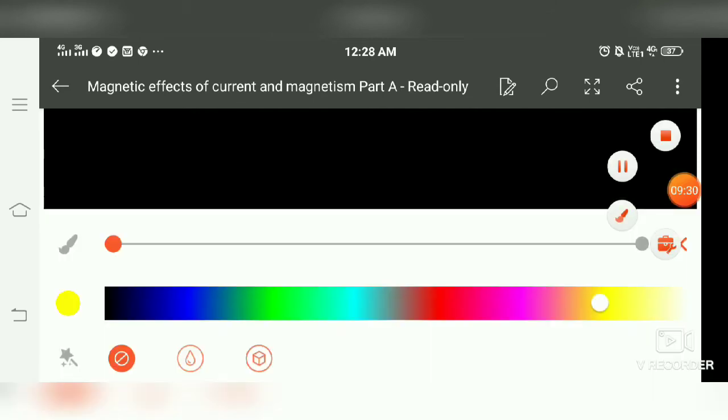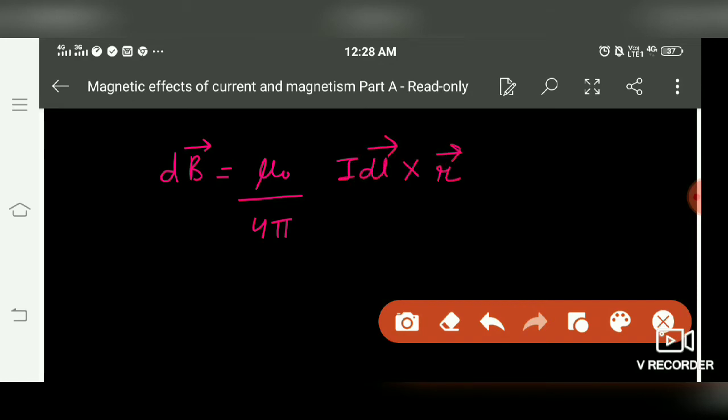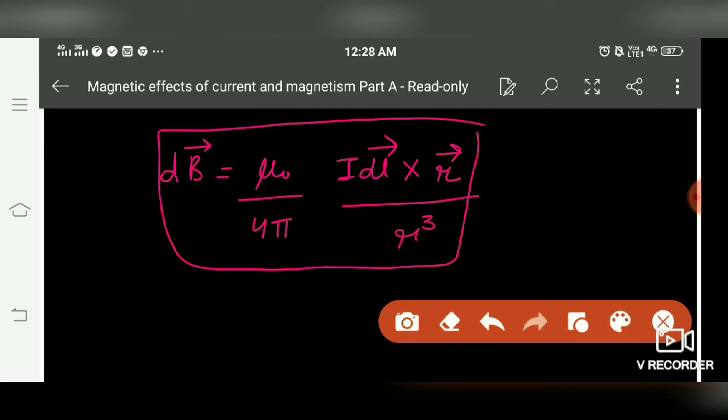So dB in vector form from the Biot-Savart law is equal to mu naught by 4 pi I dl vector cross r vector upon r cube.